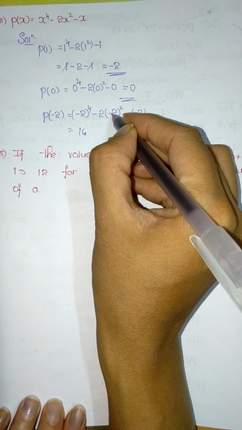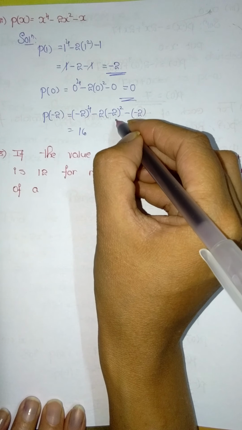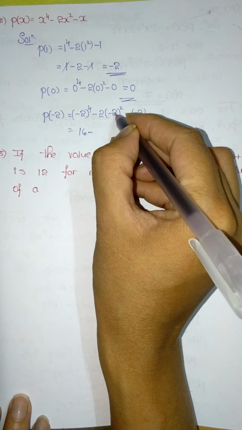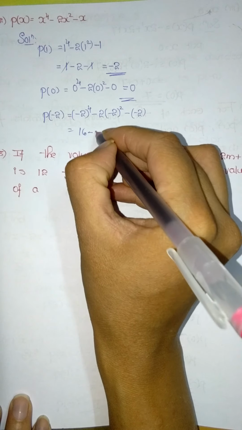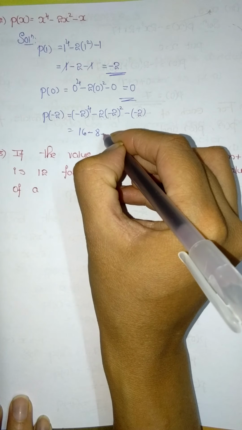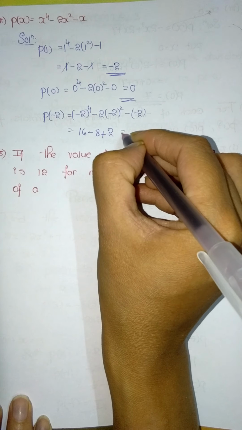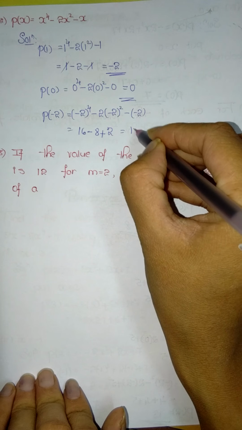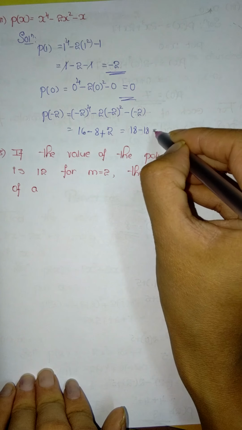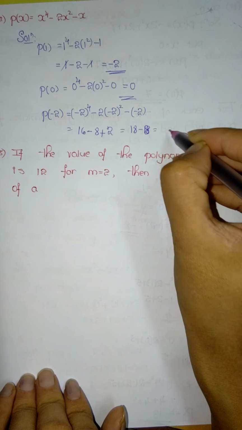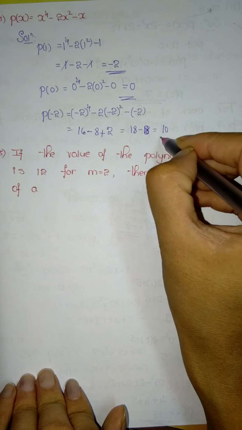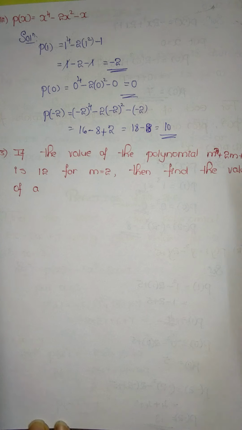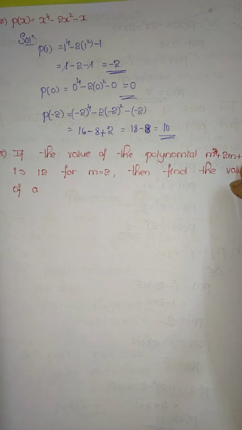So here minus 2 whole square is minus into minus plus, plus into minus minus. 2 square is 4, 4 2 is 8, minus into minus plus 2. So 16 minus 8 plus 2 equal to 18 minus 8 equal to 10. This is p of minus 2. So it completes the third one.